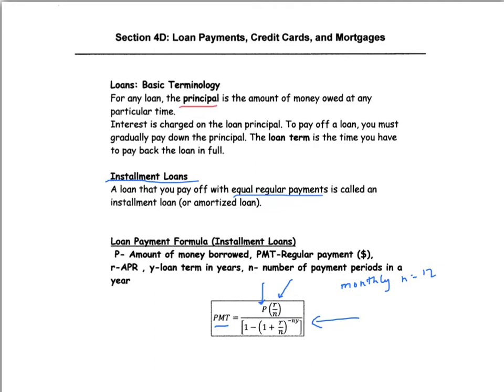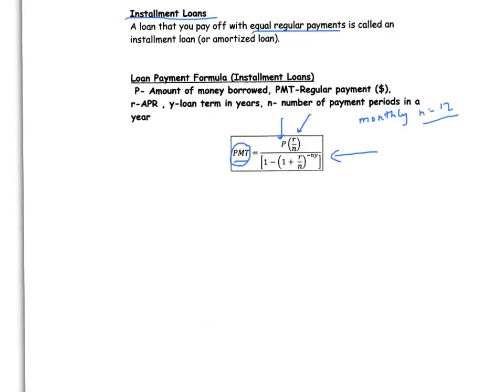So once we know each of these terms, all we do is plug in the numbers into the formula to figure out the monthly payment, if it is a monthly payment, or a regular payment that we need to make in order to pay off the loan. Now, just like before, if we are paying off a loan using monthly payments, N equals 12, that's for monthly.